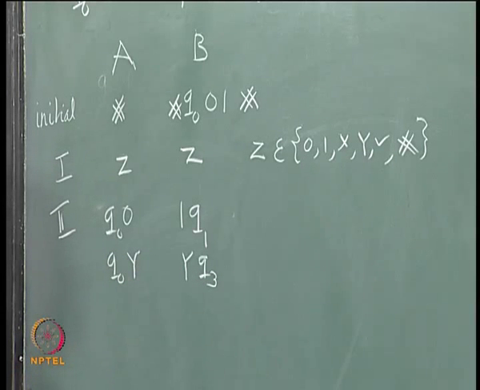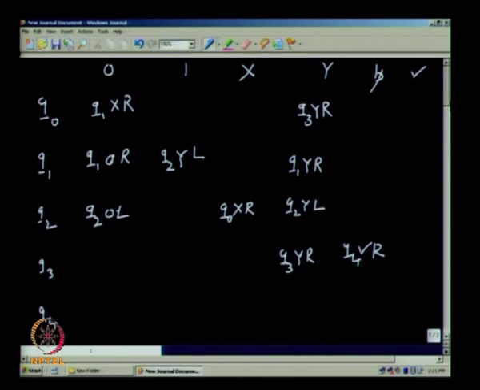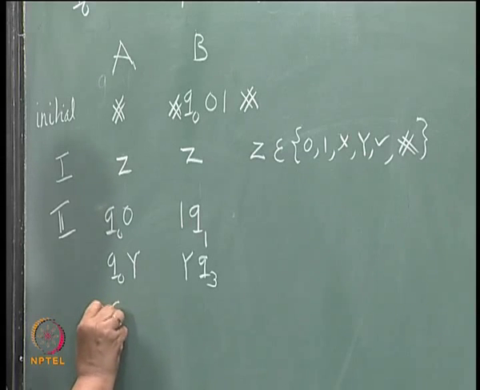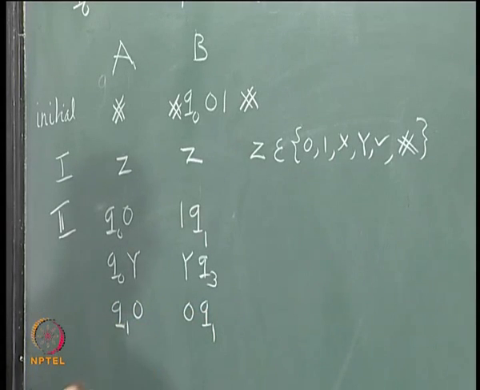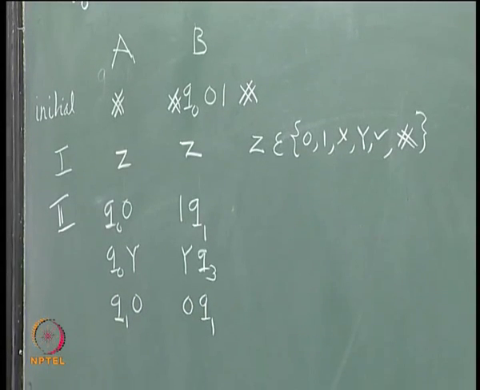There is only one pair because the move is right. If the move is left, you have several pairs. Q1 0 is Q1 0 R, and the corresponding pair will be like this.